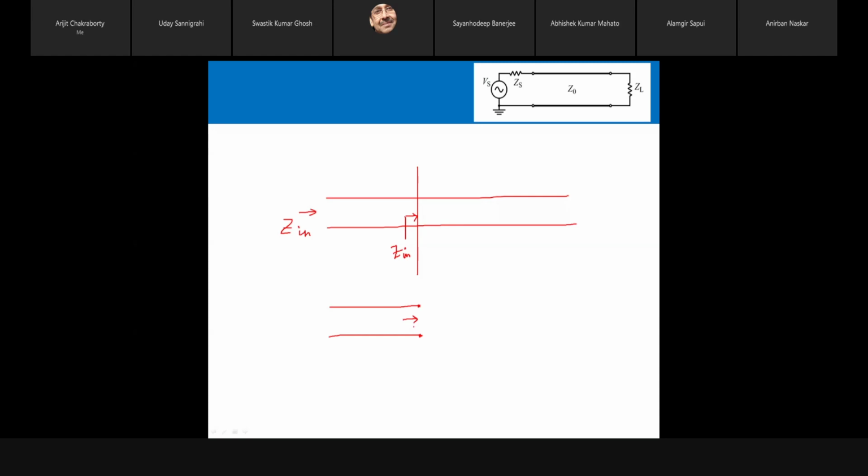You tell what is the input impedance from here? আরে একজনকে একটু কথা বলো না কেন? কথা না বললে পরে কি Zin? জোরে কথা বলে না, কি করবো?